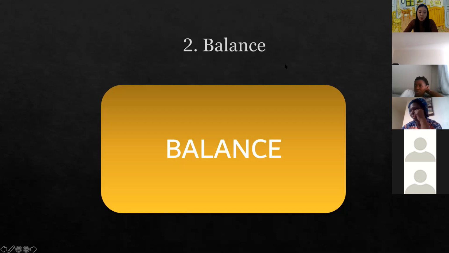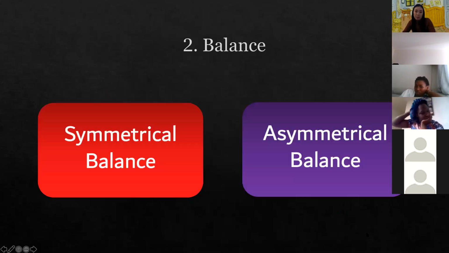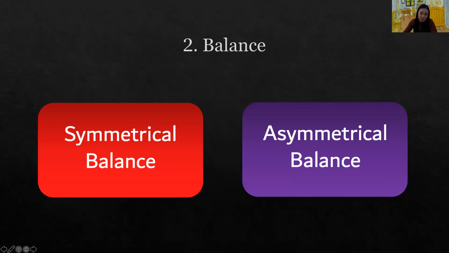Now let's move on to the next principle, balance. Balance refers to an apparent heaviness or lightness of forms arranged in a composition. There are two types of balance in a work of art: one is symmetrical and the other is asymmetrical.